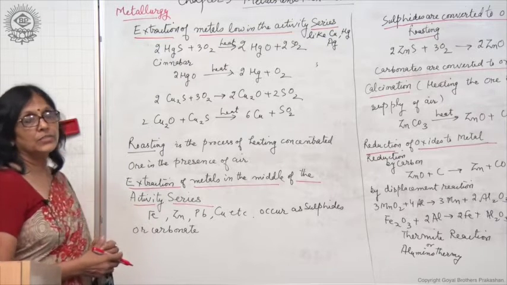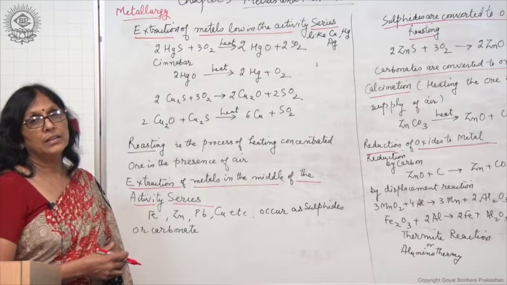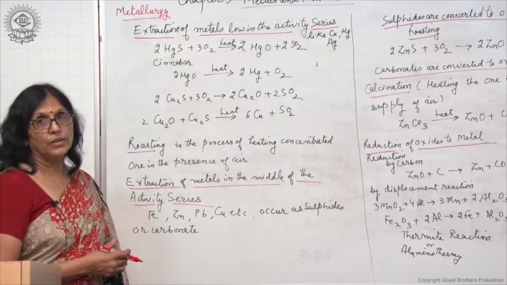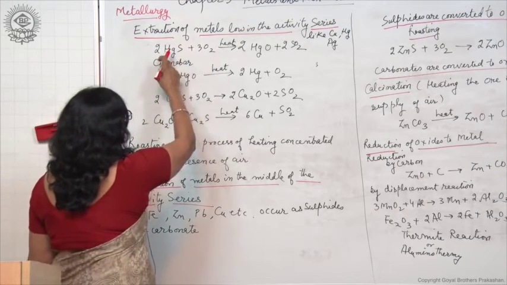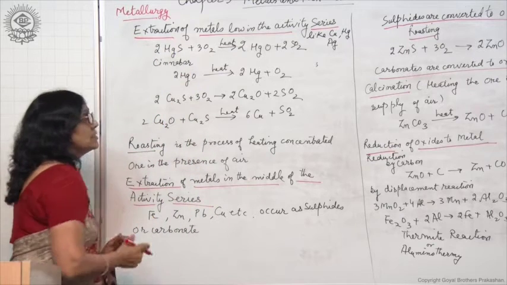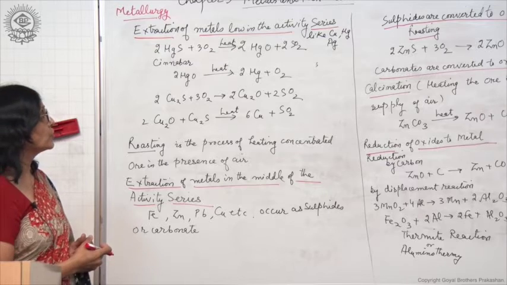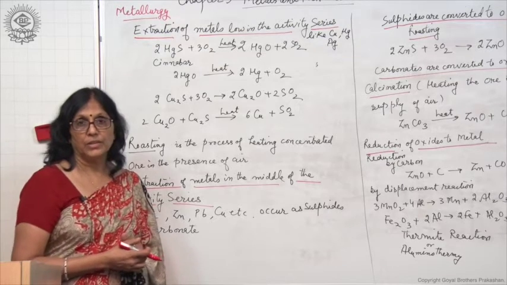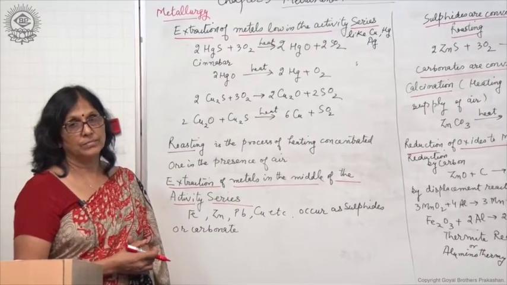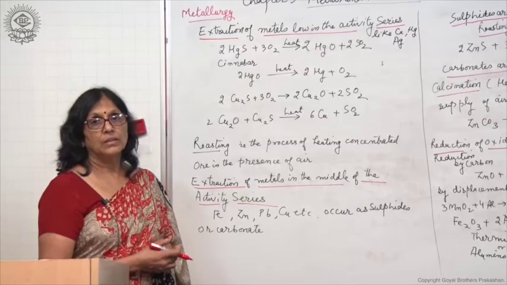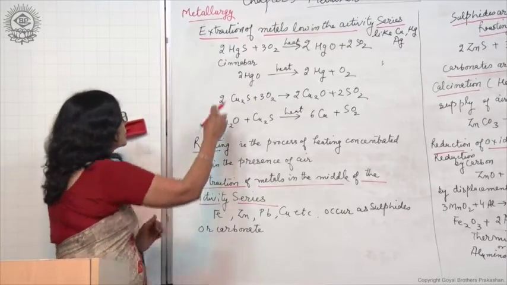In that case the extraction of metal can be done by heating in air. First of all, by heating in air, the sulfides of these metals get converted into their oxides, and this process of heating of sulfides in an excess supply of air is called roasting. So, by roasting, first of all, sulfides are converted into the oxides.